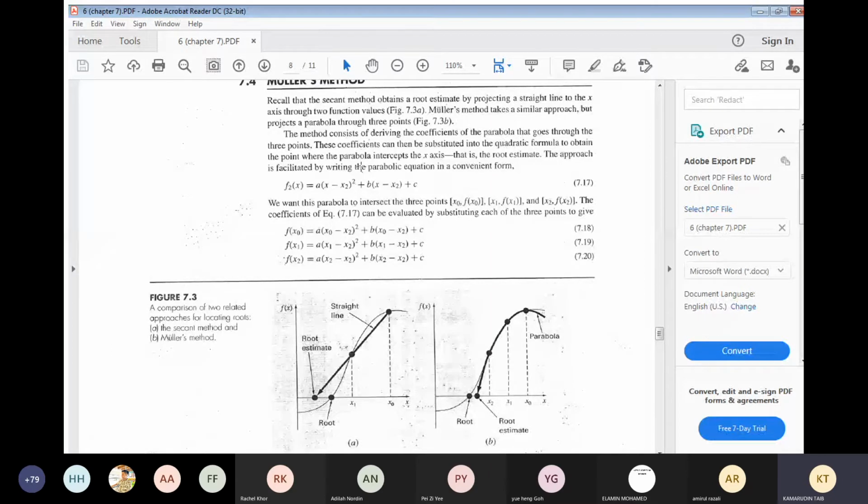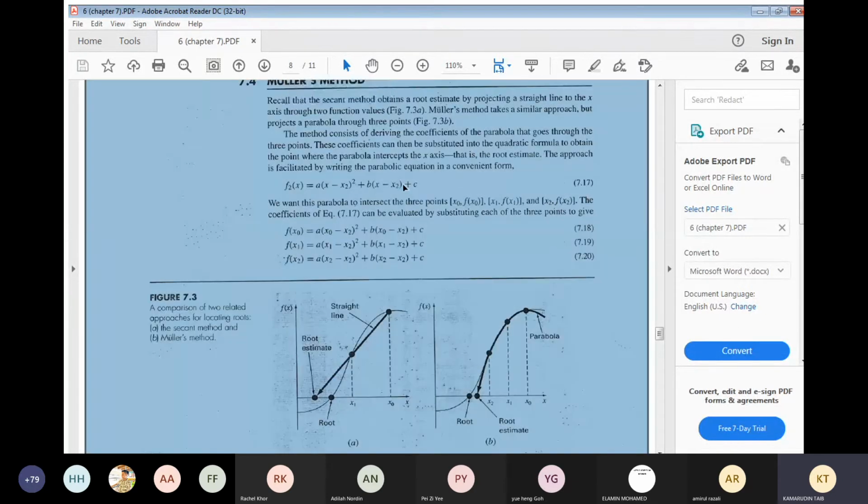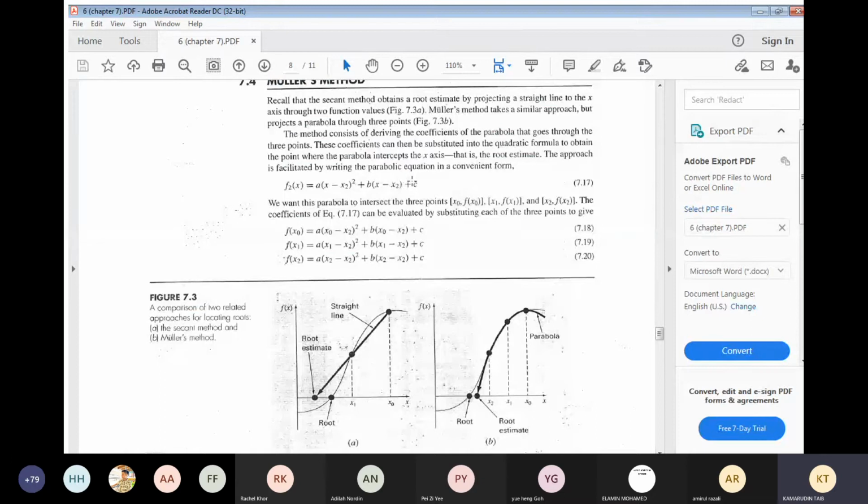Parabolic means second order polynomial. f2(x) equals a times (x minus x2) squared plus b times (x minus x2) plus c. So we assume the root to portray a polynomial behavior like that, a parabola type of polynomial.